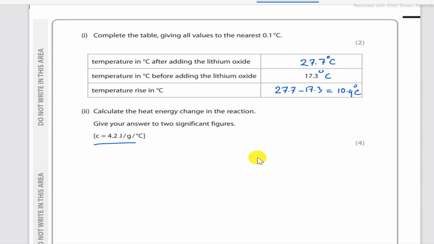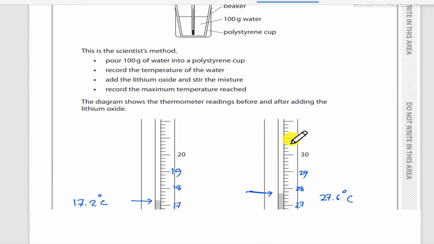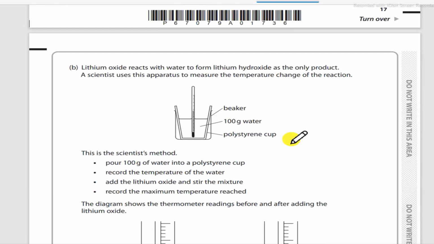Here we know heat energy equals mass times specific heat capacity times change in temperature. Here the mass of water is 100 gram.